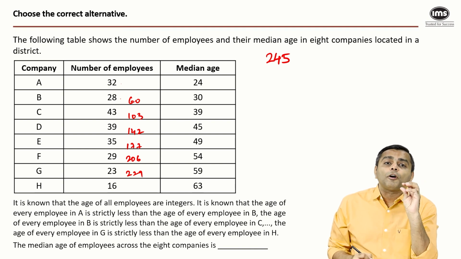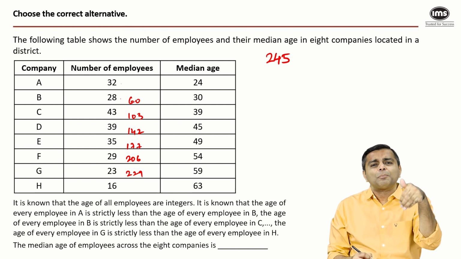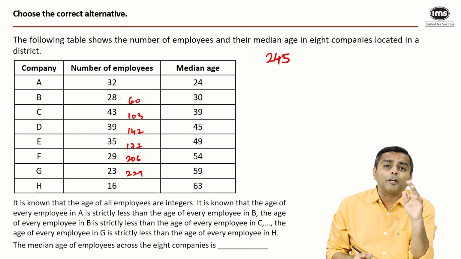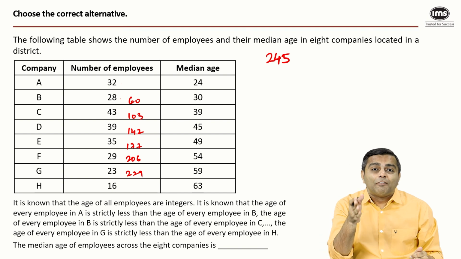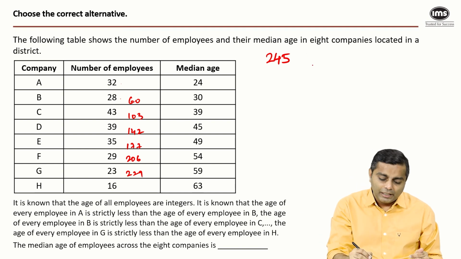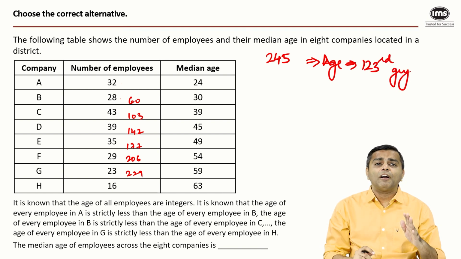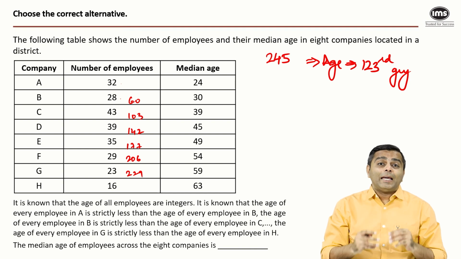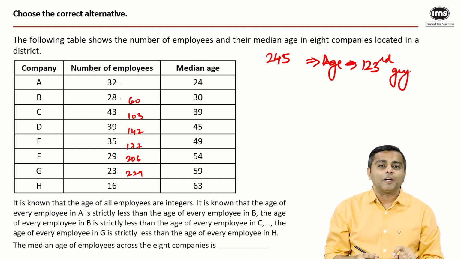Because it's an odd number, let's subtract 1. So 244, half of which is 122, which means the next guy, the 123rd guy, is the middlemost guy. So we need to find the exact age of the 123rd employee. Let's see if we will be able to figure it out or not.